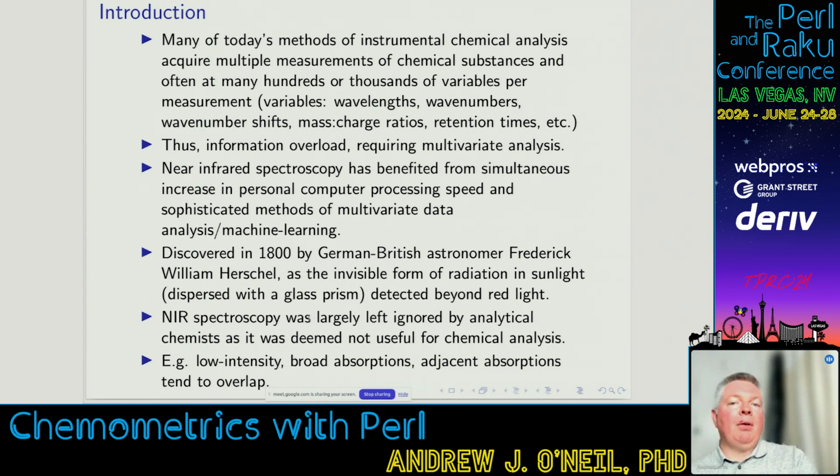It was largely ignored until probably the 1960s, because a lot of analytical chemists thought it was the junkyard of the electromagnetic spectrum. Absorptions were overlapped, they were low intensity, and there weren't the sophisticated algorithms to properly model the data and get anything useful out of it.